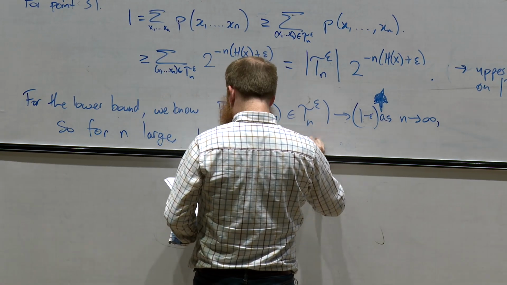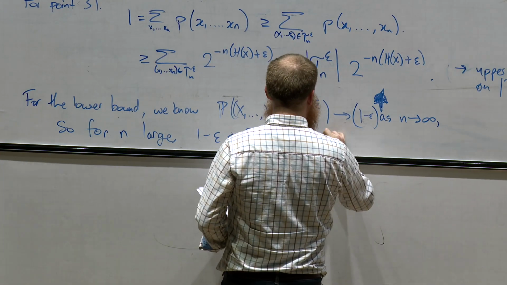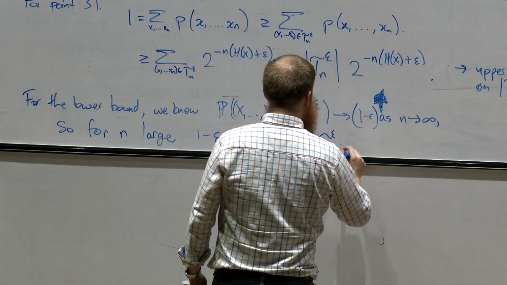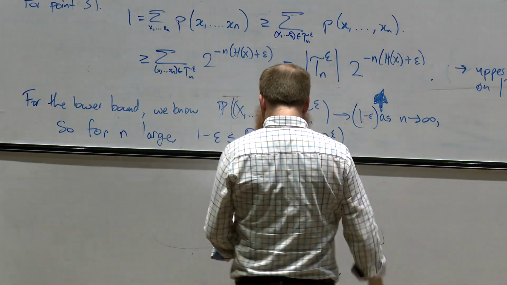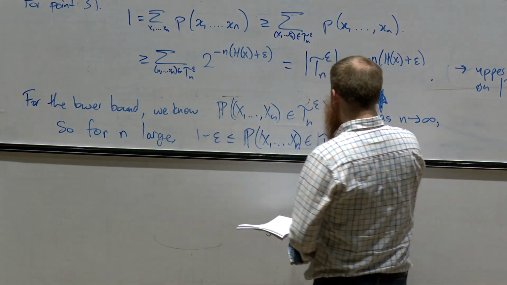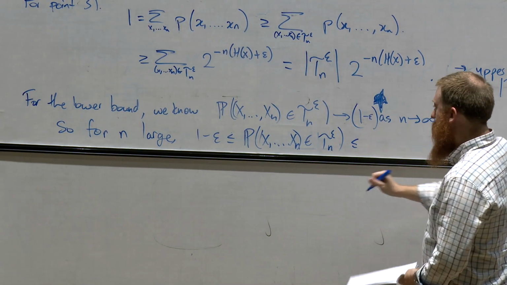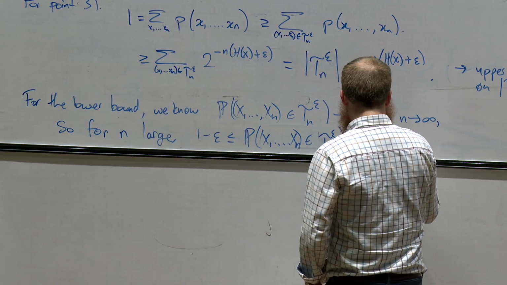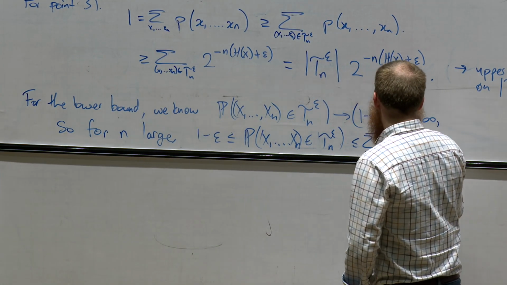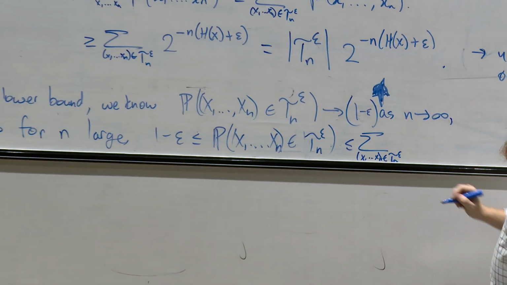The probability that x1 through to xn is in T epsilon n. So this goes above here, so this must be below this, which, well, okay, this is less than or equal to, let's use the bound on our probabilities again, the sum over x1 to xn in T epsilon n. So sum over all of these.